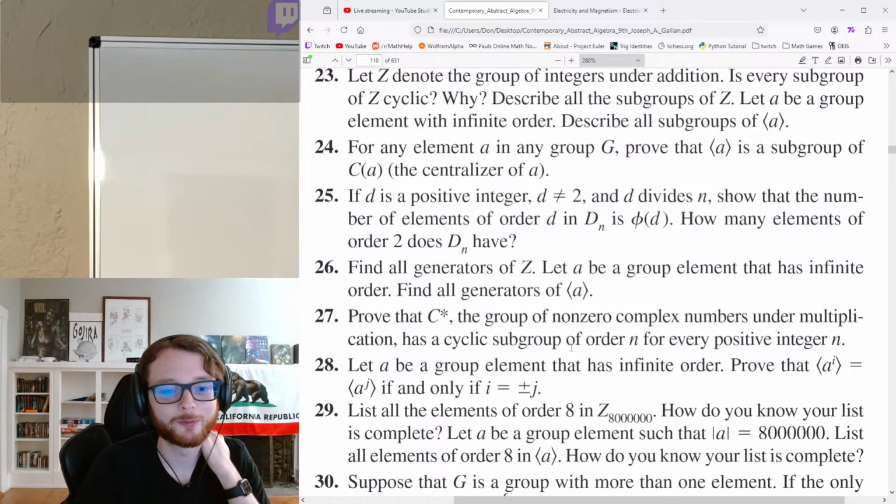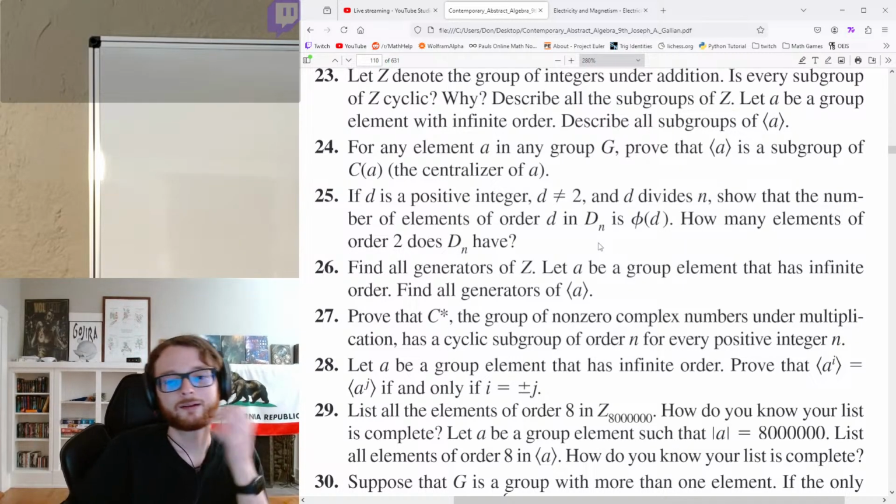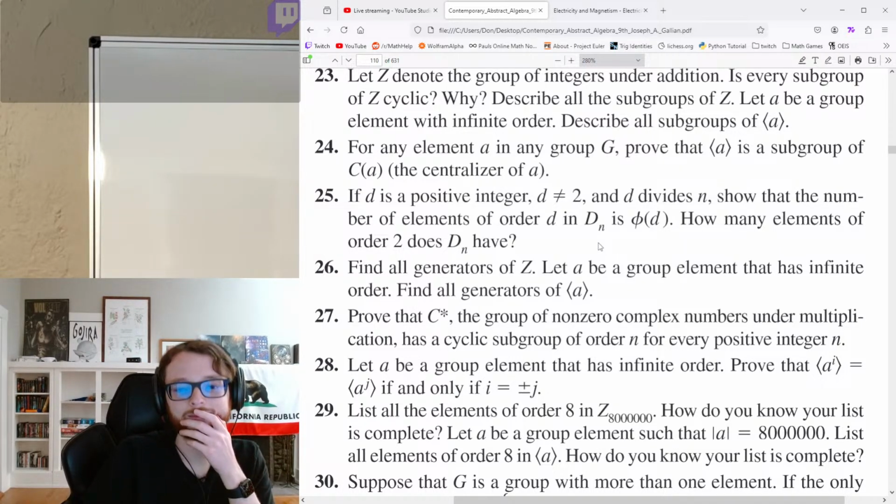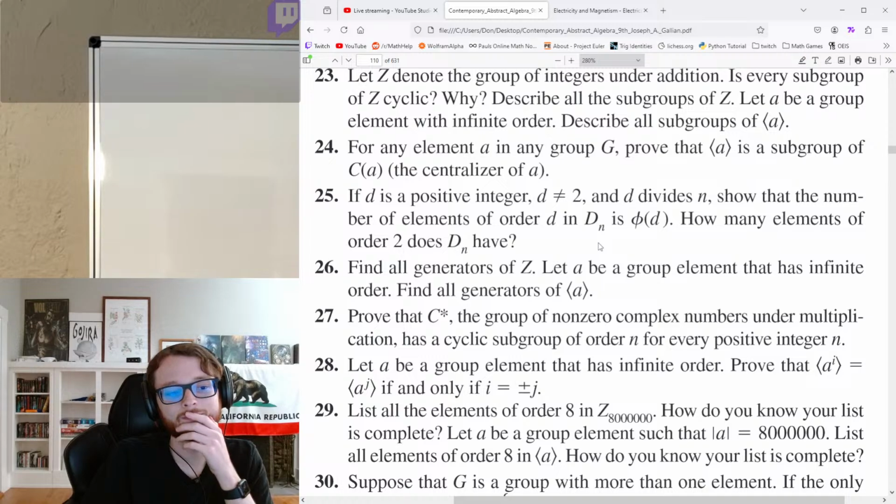Page group? Yeah, I agree, SPQ. I feel like I should get used to working with these, at least for the sake of getting through this book. I've noticed that just the rotations is a cyclic subgroup.